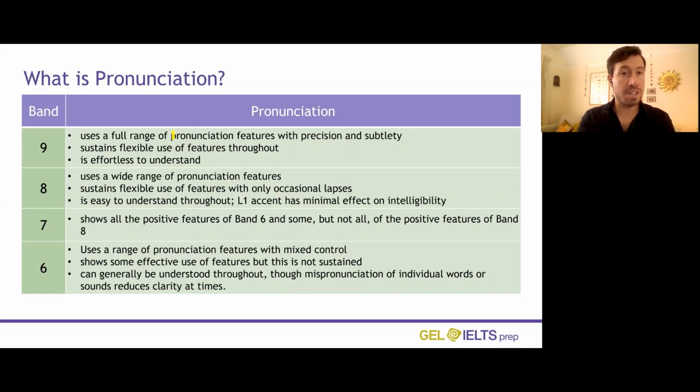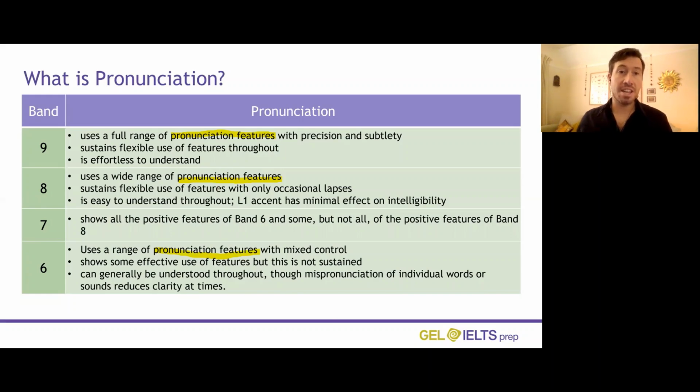So you can see the first thing that comes up is it talks about pronunciation features. Pronunciation features. And again here, pronunciation features. 7, by the way, takes ideas from here and from here and is a mix of the two. But pronunciation features we're going to see in the coming slide. It's different things connected to pronunciation.